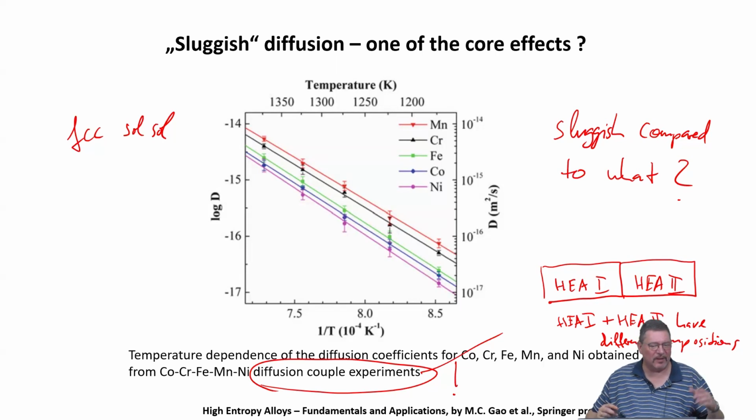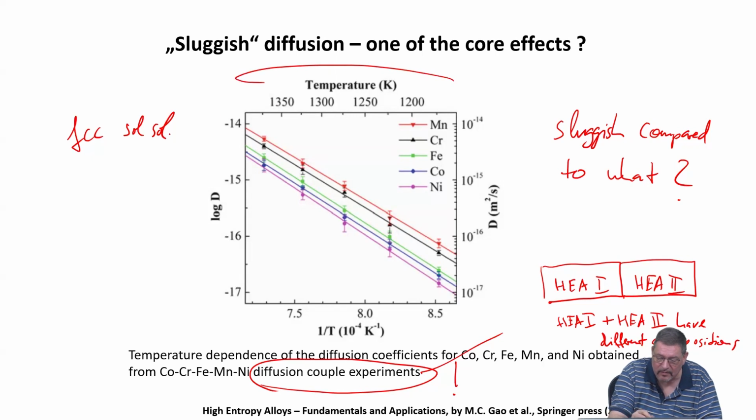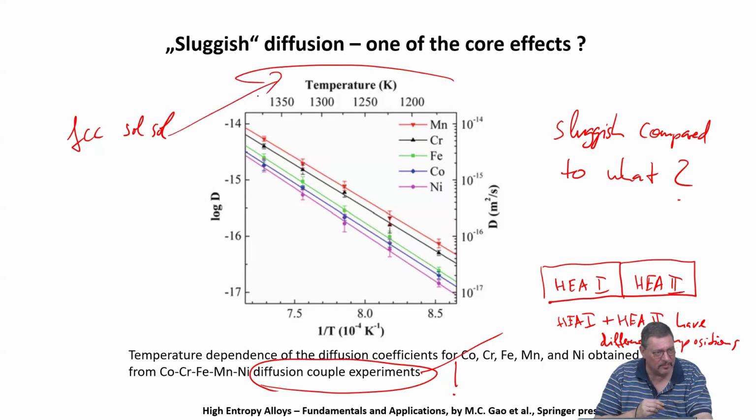Above something like 950 Kelvin or so, the solid solution phase is stable at equimolar composition. But if you go to lower temperatures and wait for a sufficiently long time, you will see additional phases form. Here they have confirmed that it was a single phase solid solution in all these temperatures, but at lower temperatures other phases absolutely form.